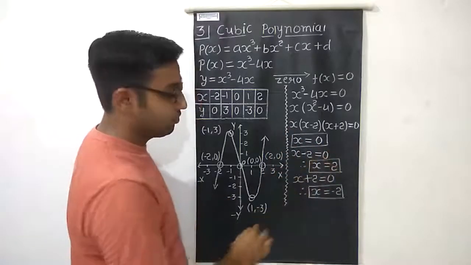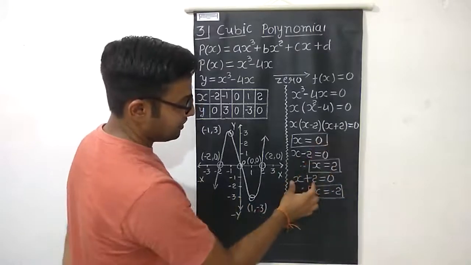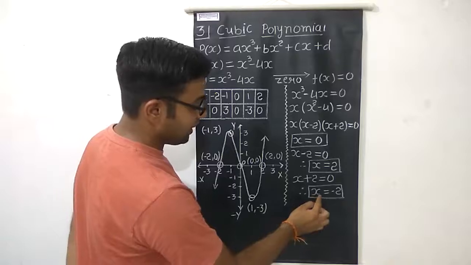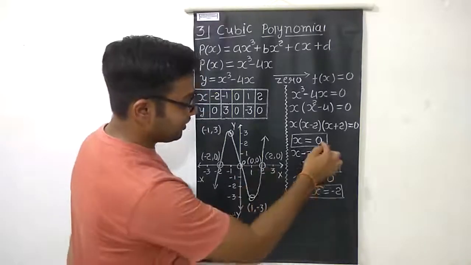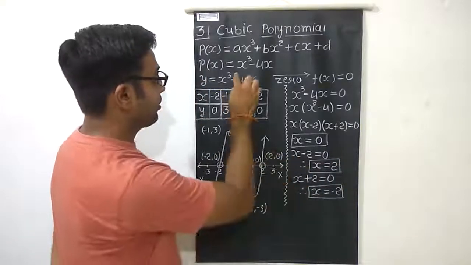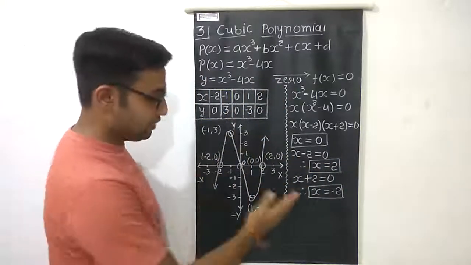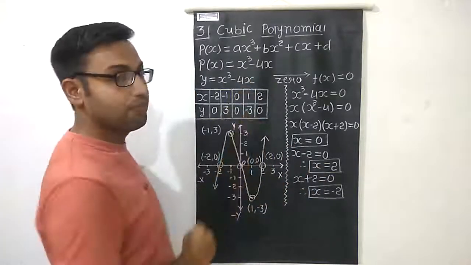These are the 3 zeros of this polynomial, and we can also see them in the graph.